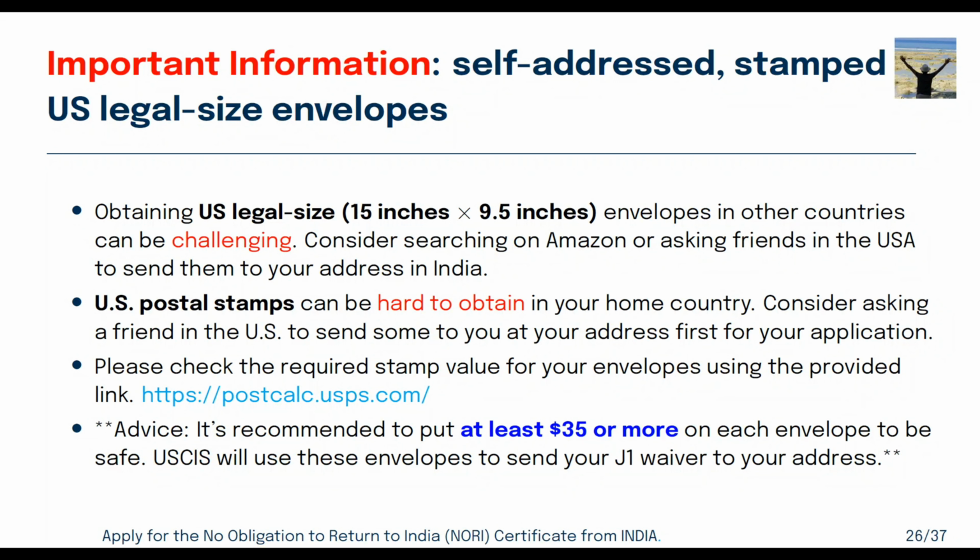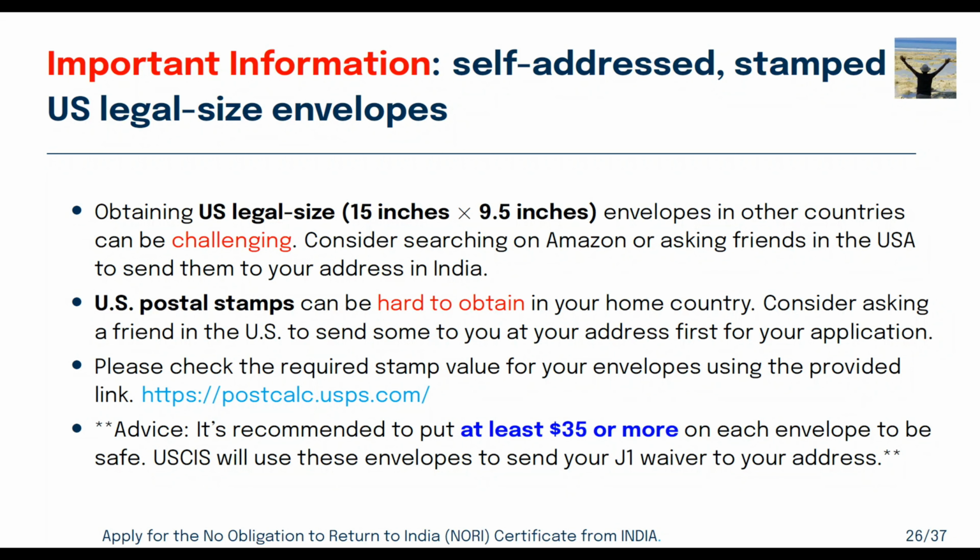You will also require postal stamps, since two self-addressed stamped envelopes are required, because you will get your waiver certificate in your self-addressed stamped envelopes, right? Again, it is very difficult to obtain in your home country. For example, if you are in India and looking for US postal stamps, it is very difficult to get those. Same thing: I have seen that Amazon sells those, or ask your friend to send them from the USA, right?